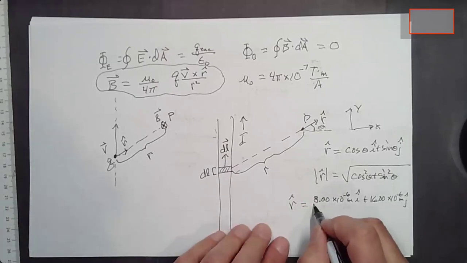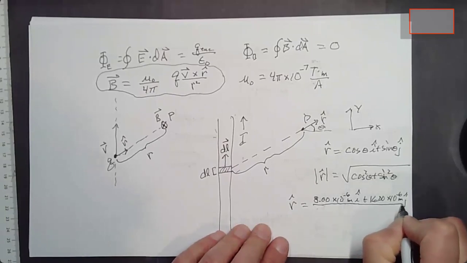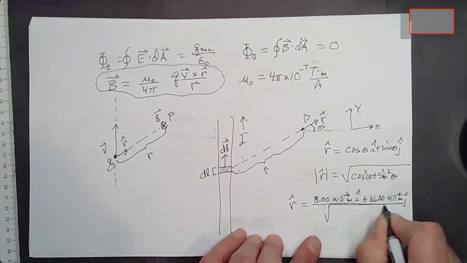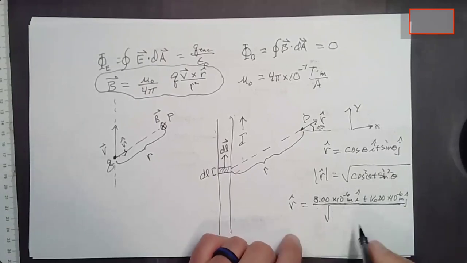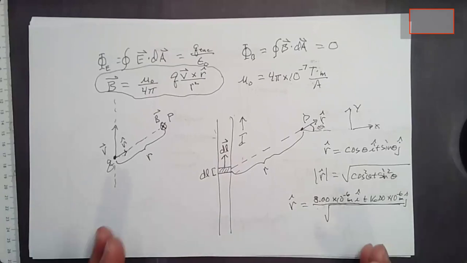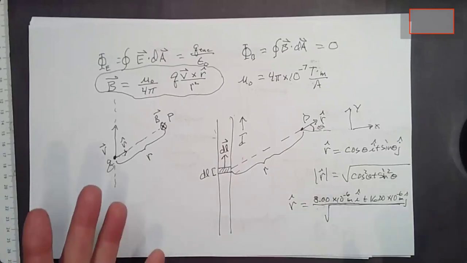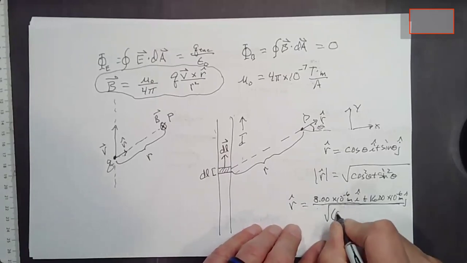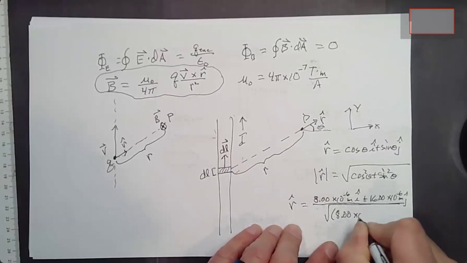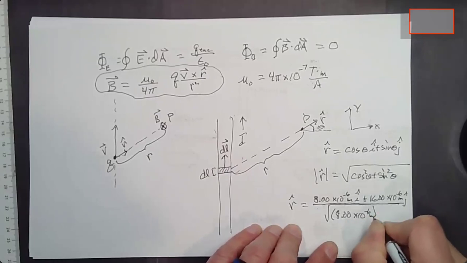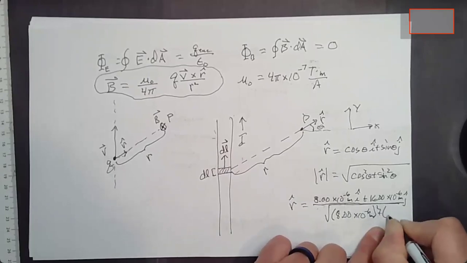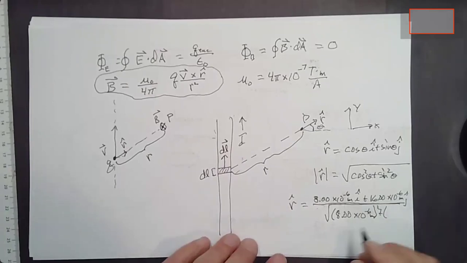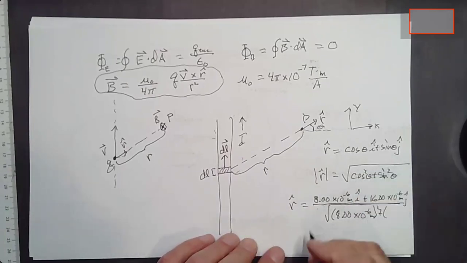But what you could do to make this a unit vector is to divide it by the length of the vector. If you divide any vector by its length, you turn it into a unit vector. So here you'd have to have the square root of 8.00 times 10 to the minus 6 meters squared plus the 16 squared, and that would give you a unit vector, but it's a whole lot easier to use the cosine and sine thing.